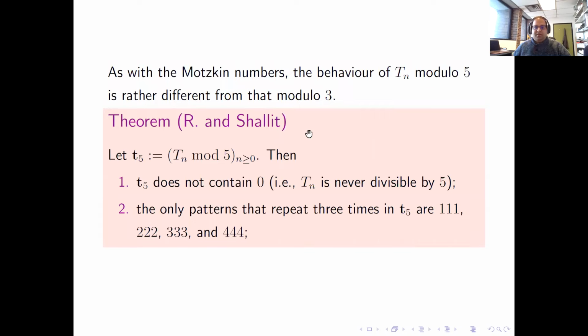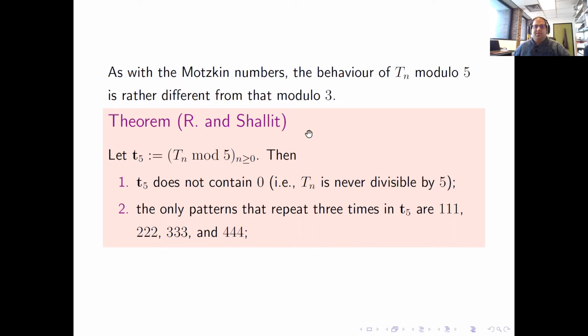So the central trinomial coefficients also have this same sort of duality depending on the prime modulus. For example, if we look at the sequence of central trinomial coefficients mod 5, we can compute the automaton and use Walnut to answer all these questions or to prove all these properties.